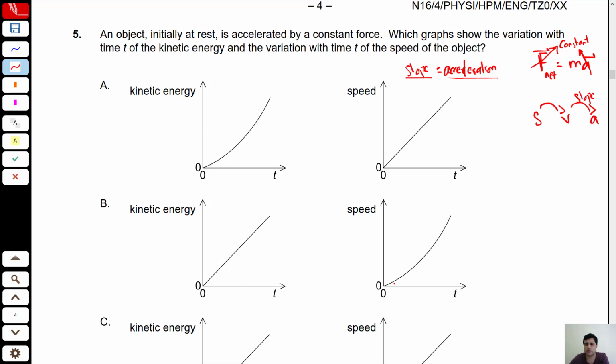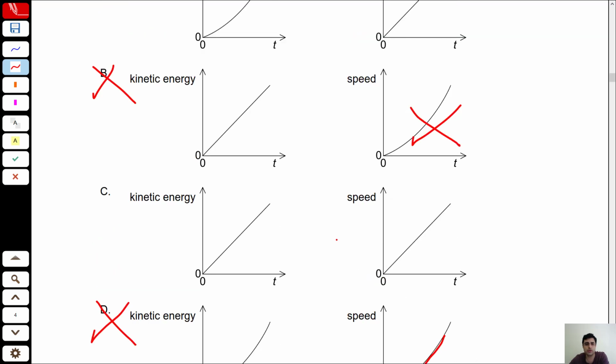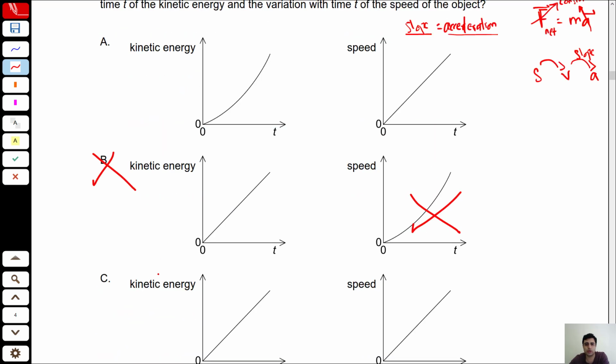So you can see this graph has increasing slope, so ignore this option. And this graph also has an increasing slope. You can see if we draw a tangent here, the steepness of the tangent is increasing, so ignore this one. So it will be either A or C, right? A or C, constant slope. This is a straight line. A straight line has a constant slope. Okay? Constant gradient, constant slope.